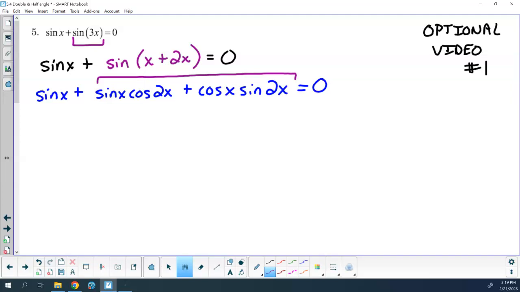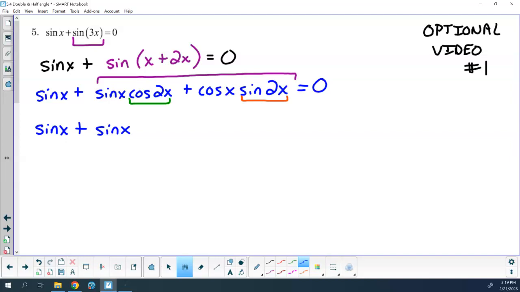Now we don't like the cosine of 2x or the sine of 2x left over in that equation. So for the cosine of 2x, I've got 3 choices, and that was what you were supposed to finish the second half of class on Tuesday, but that's identity number 22 on your sheet.